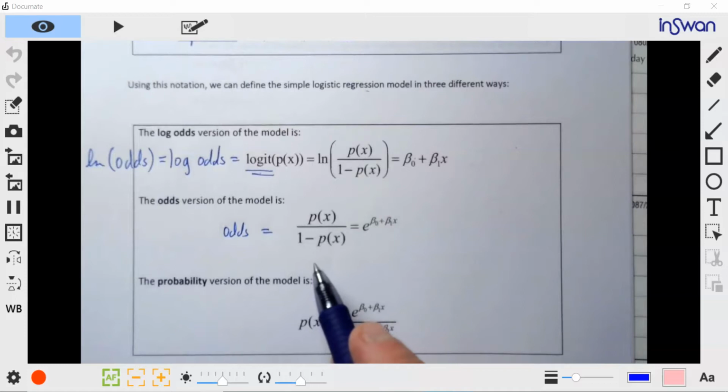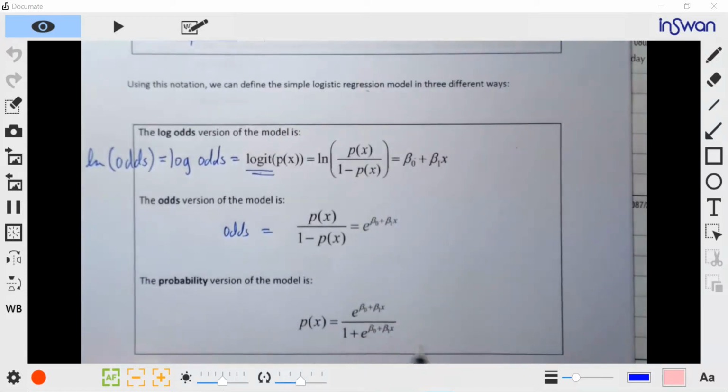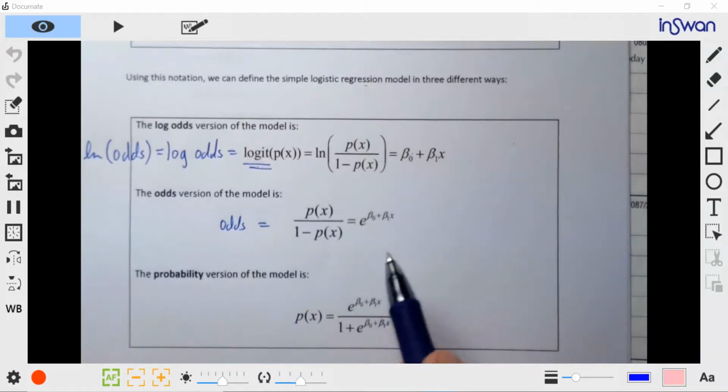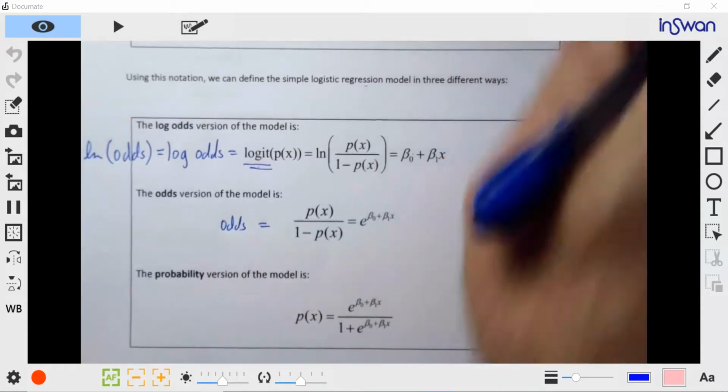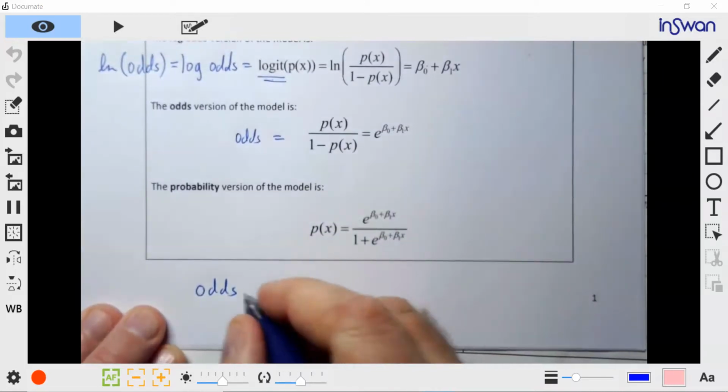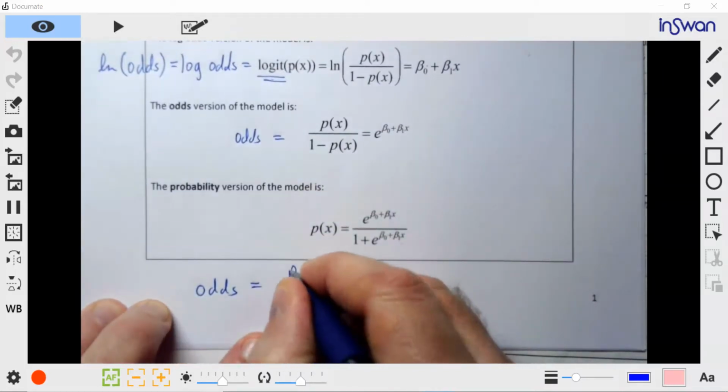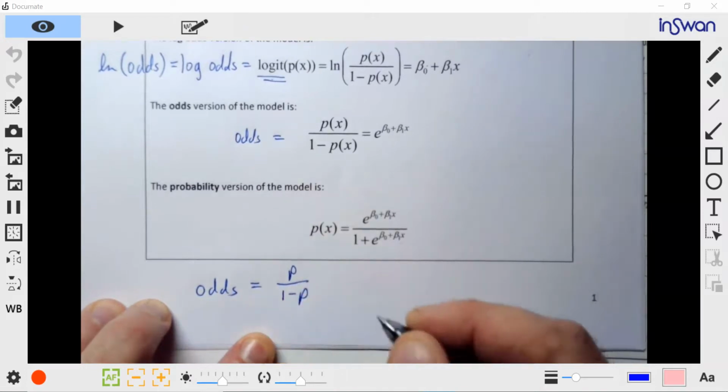We can also turn that into a probability, and we saw how to do this in the last set of notes. You can prove this for yourself if you want to, but remember this formula. Odds is equal to p over 1 minus p.